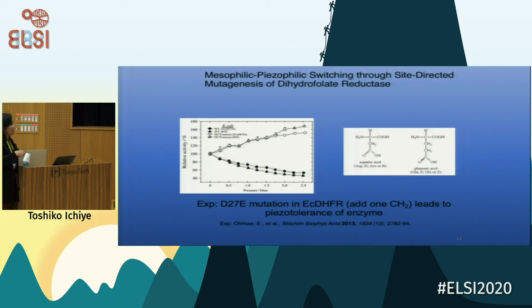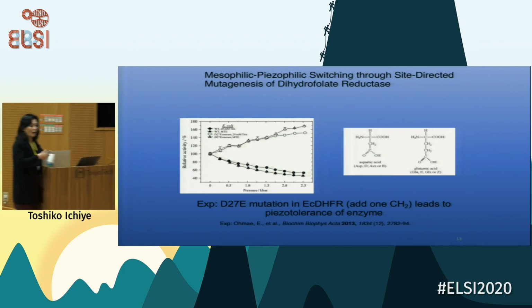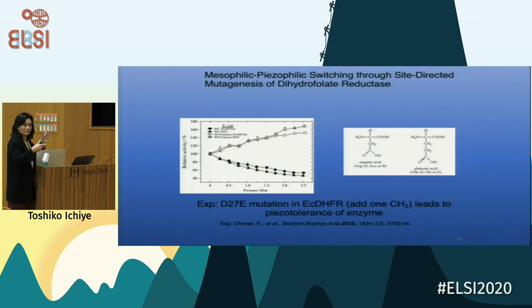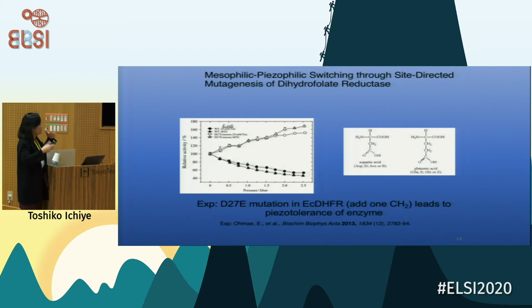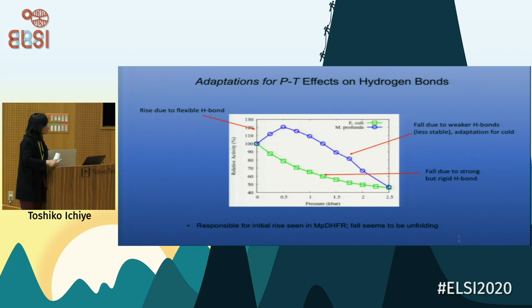It's not that E. coli evolved to be at lower pressures. It just happens that it's something that makes it work poorly at high pressures. And there are other ways to fix it. This is one way that Moritella chose to fix it, but you could use other ways.